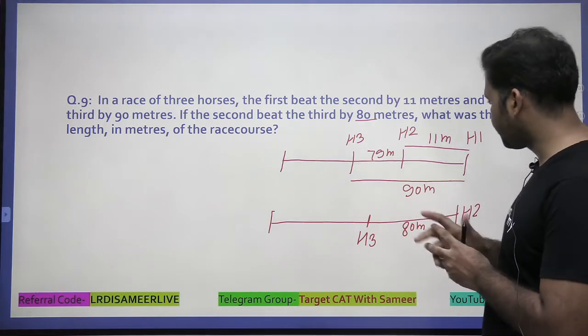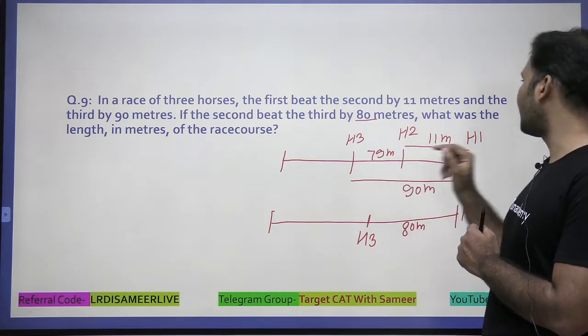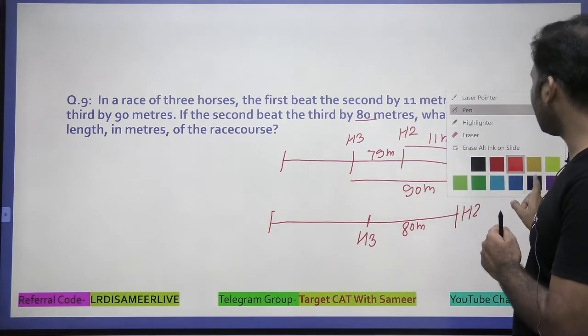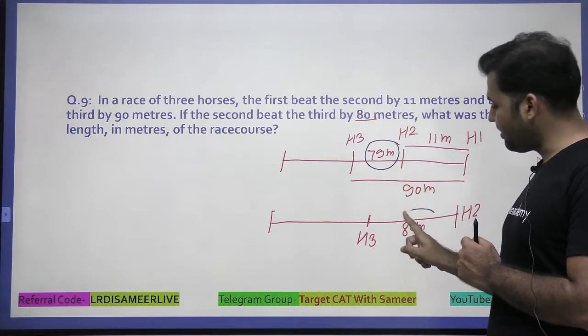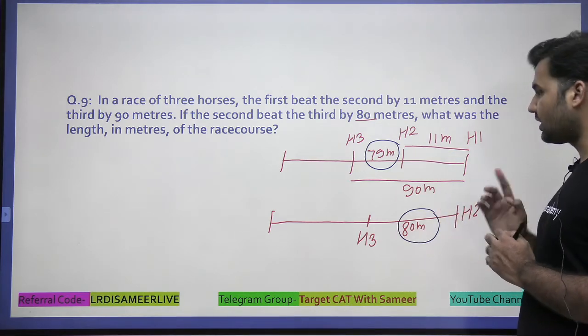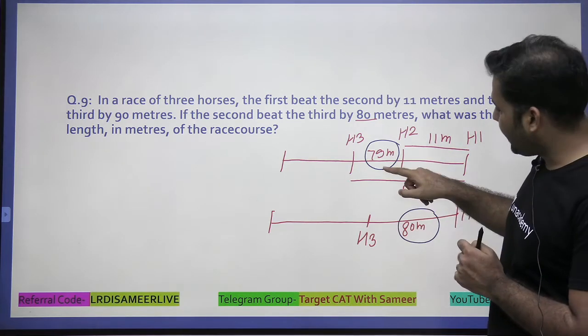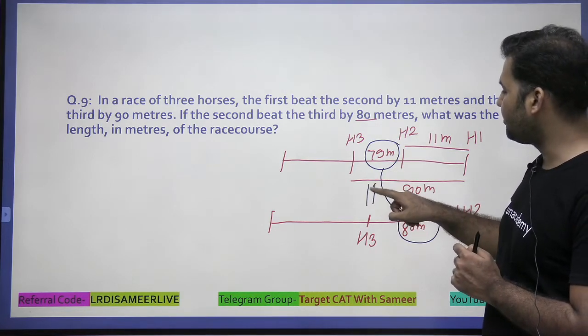All you have to do is notice that the gap between horse 2 and horse 3 is 79 meter when horse 1 is finishing. And this gap of 79 meter becomes a gap of 80 meter when horse 2 is finishing. So the gap between horse 3 and horse 2 has increased by 1 meter.